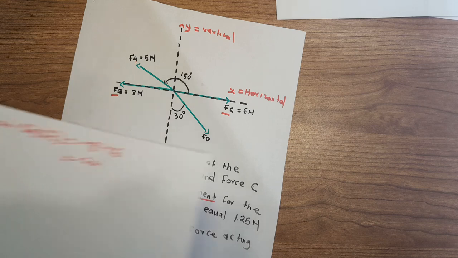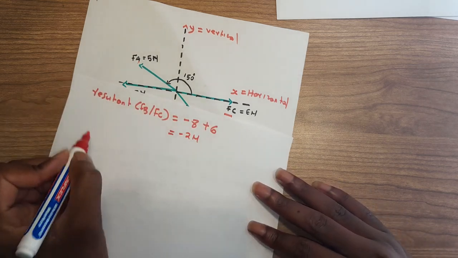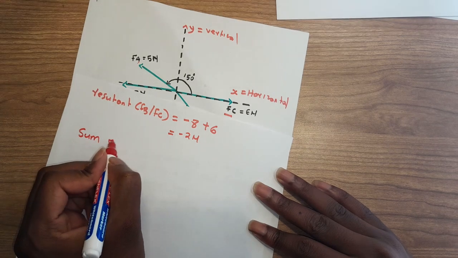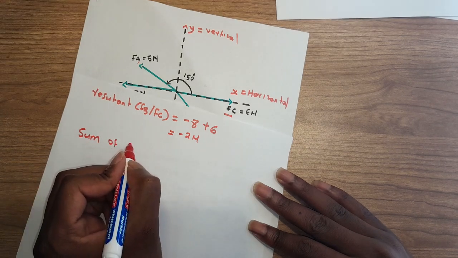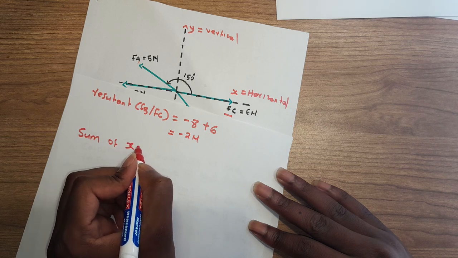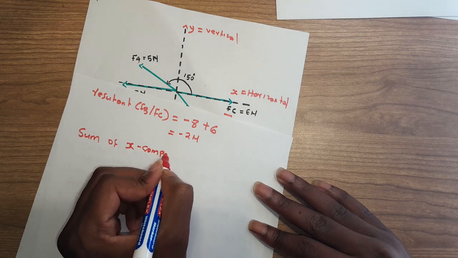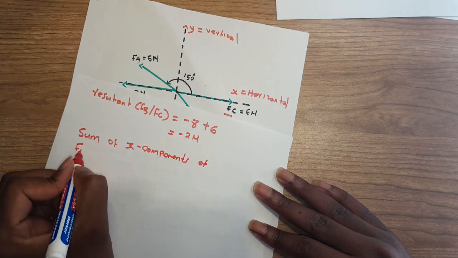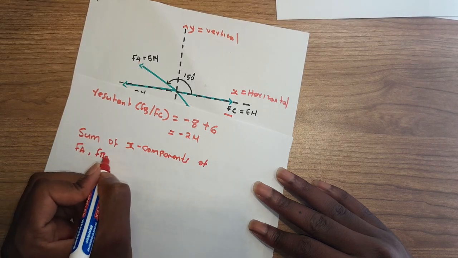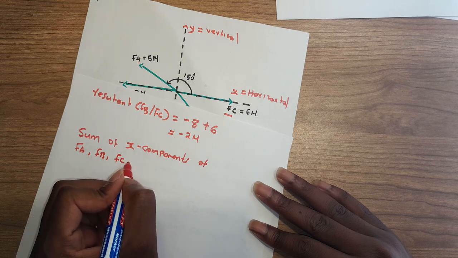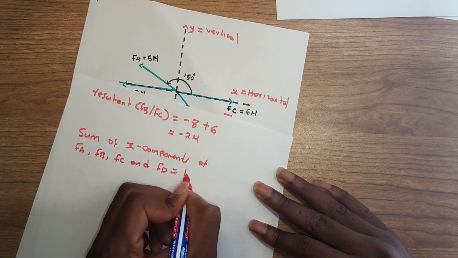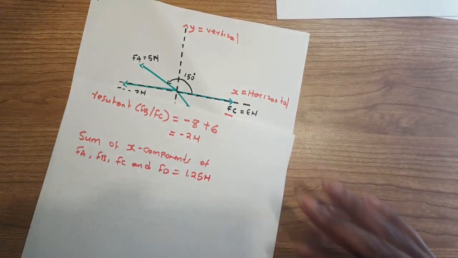So what does this mean? We're being told that the horizontal component, the sum, means addition, the sum of the x components of FA, FB, FC, and FD equals 1.25 newtons.